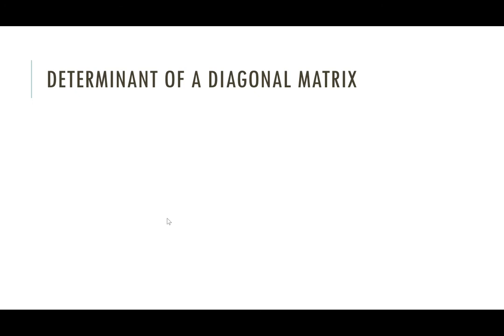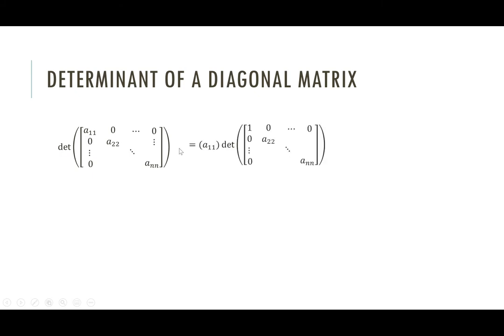Okay, let's see how we can calculate the determinant of a diagonal matrix using just what we know. All right, so a diagonal matrix has possible non-zero entries on the diagonal, 0 everywhere else. Well, let's use that linearity property. In the first row, we're going to factor out an A11.